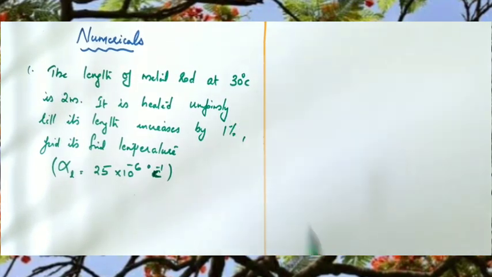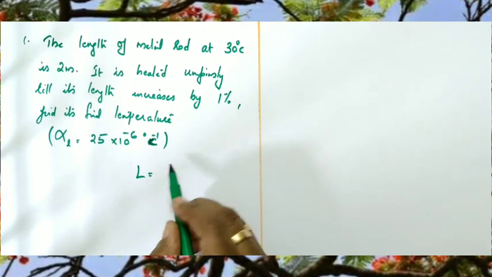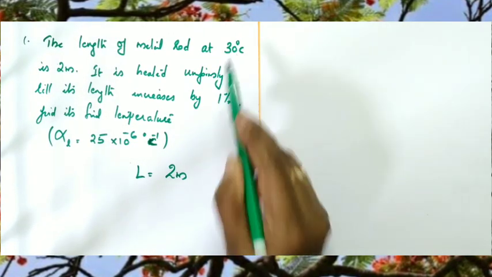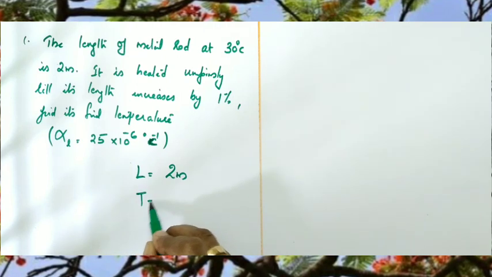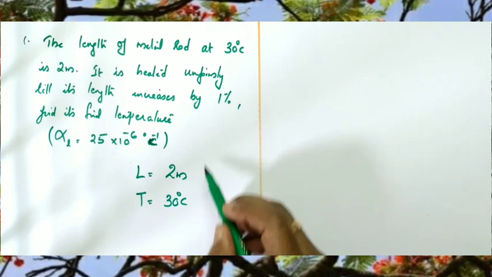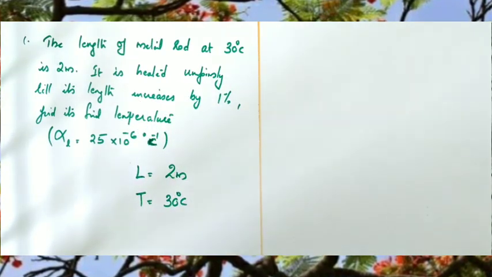So what are the values given? Original length is 2 meter, the length of the metal rod at 30 degrees Celsius, so the initial temperature is 30 degrees Celsius. It is heated uniformly till its length increases by 1%.